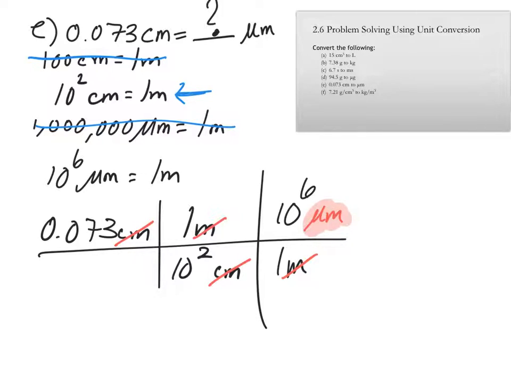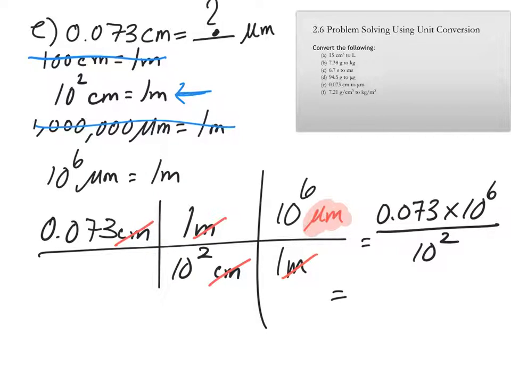Now, ultimately, what you get is 0.073 times 10 to the 6th divided by 10 squared. But we've got 10 to the 6th divided by 10 squared. We can simplify that into 0.073 times 10 to the 6th minus 2 power.